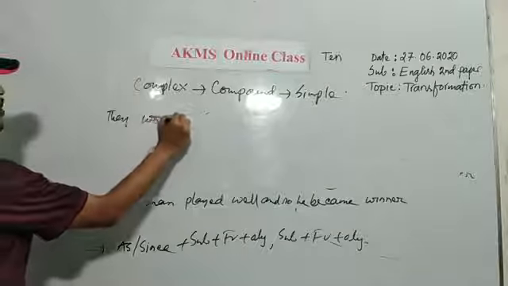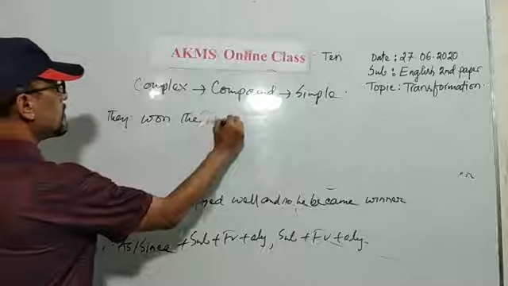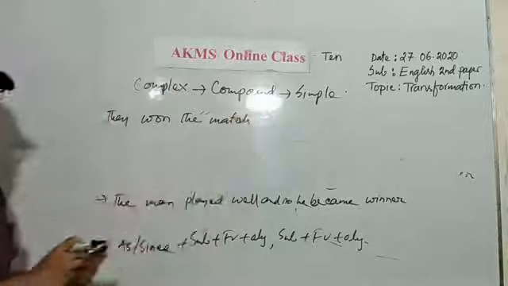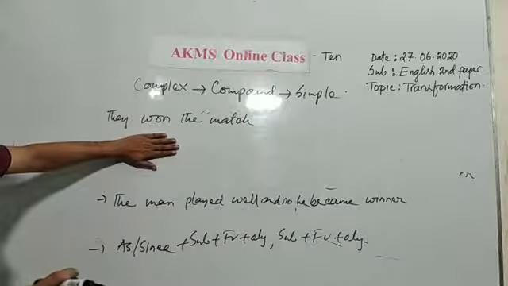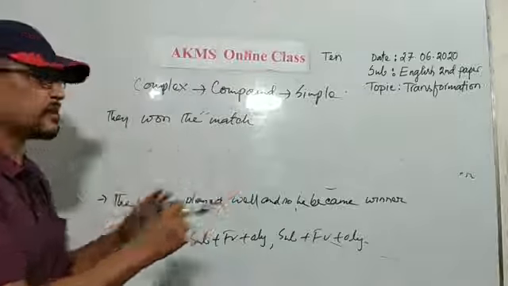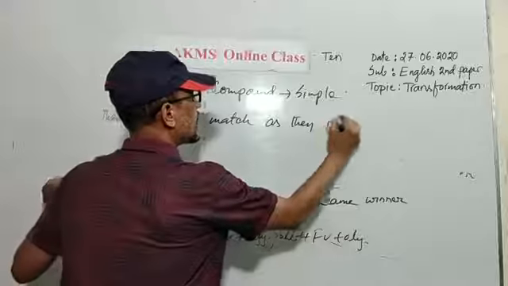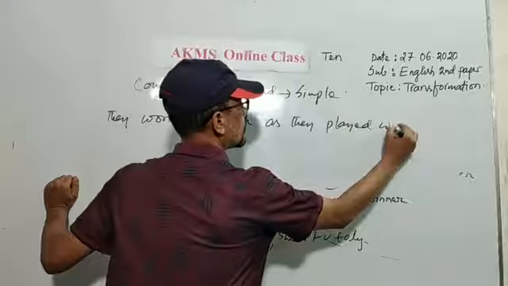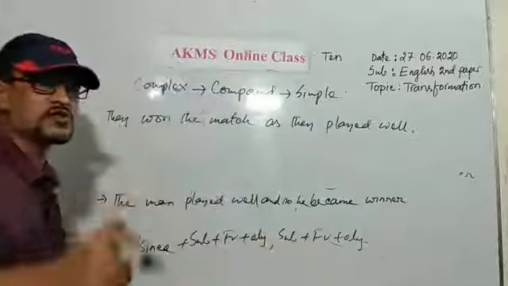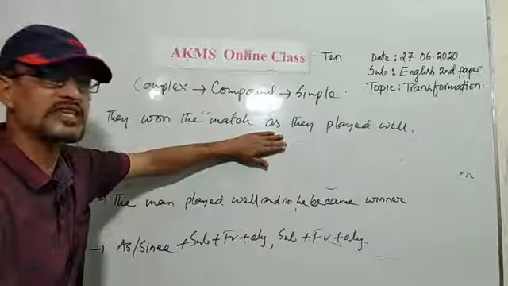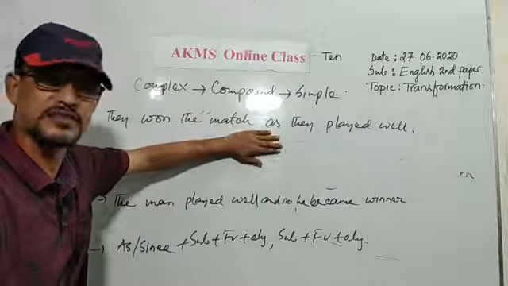They won the match. They won the match. It is the principal clause because it can express the full meaning. As they played well. You can notice that here I have used "as" in the middle of the sentence. Okay?